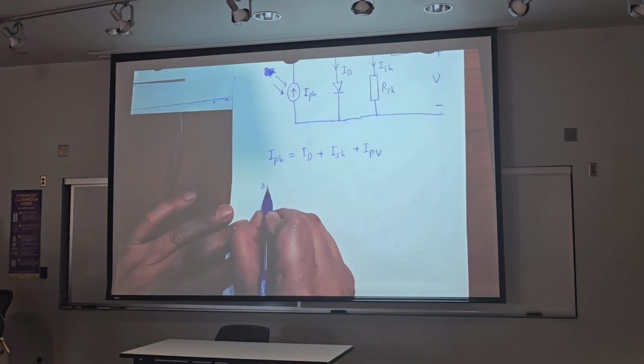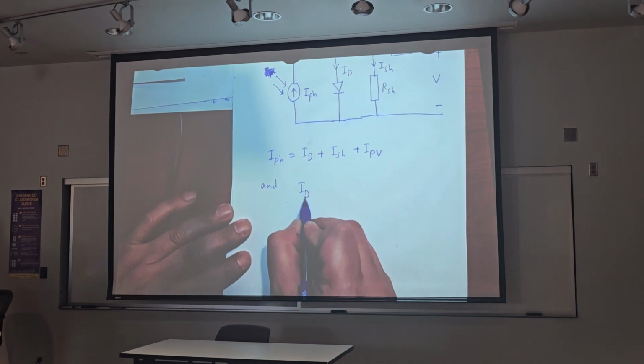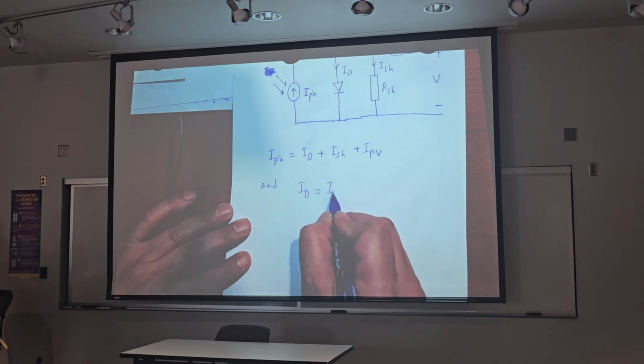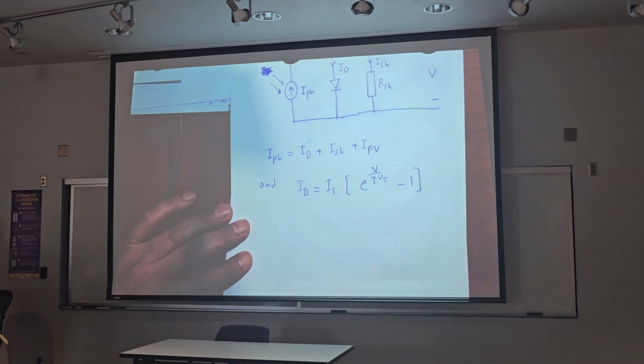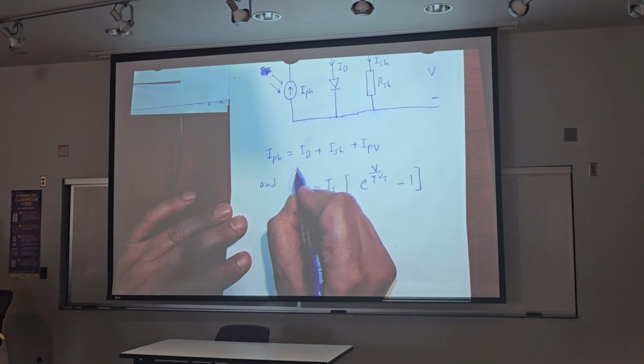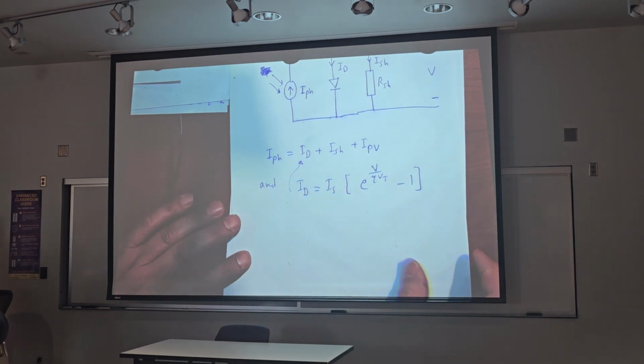And again, I diode equals I_S exponential V over eta V_T minus 1. Substitute this equation and this equation.